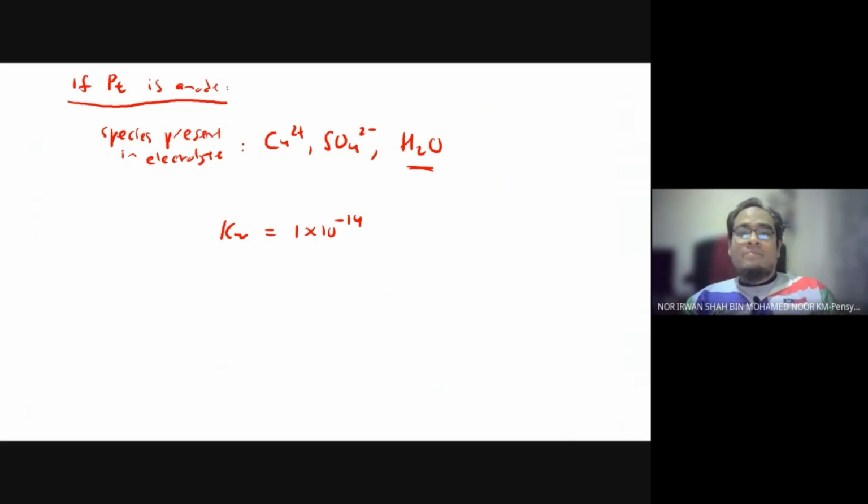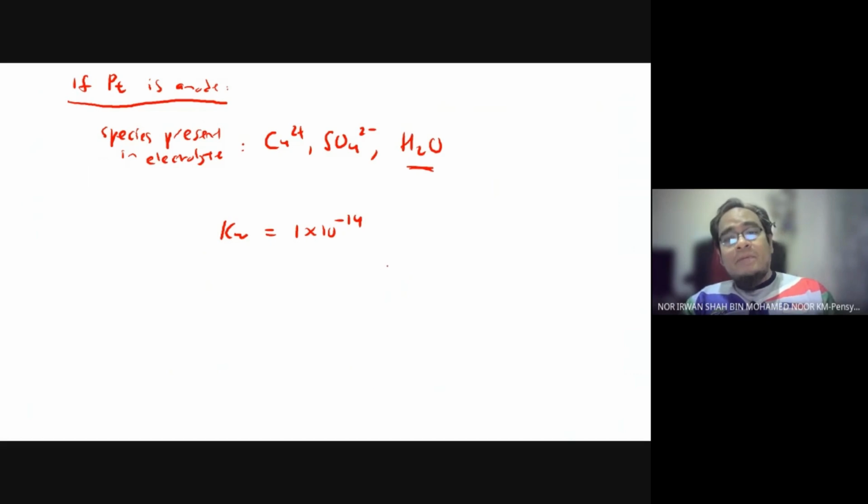Faham? Nak menunjukkan apa? Nak menunjukkan dalam air ni hanya sedikit sahaja yang ionize jadi H+ dan hydroxide. Senang cerita, air sebenarnya susah untuk ionize. Maksud dia kuantiti H+ dan hydroxide dalam air sebenarnya sikit je.